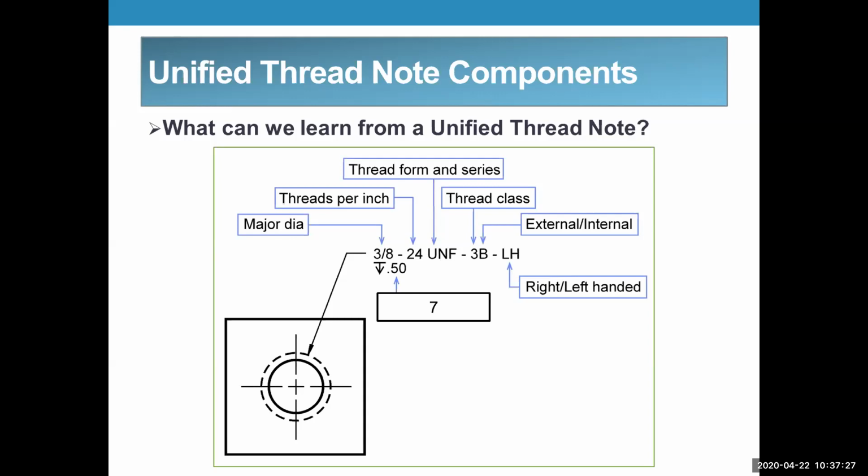Finally, the line underneath is the thread depth, if it's not a through hole. If it were a through hole or tapped all the way through, then you would not need to call that out.